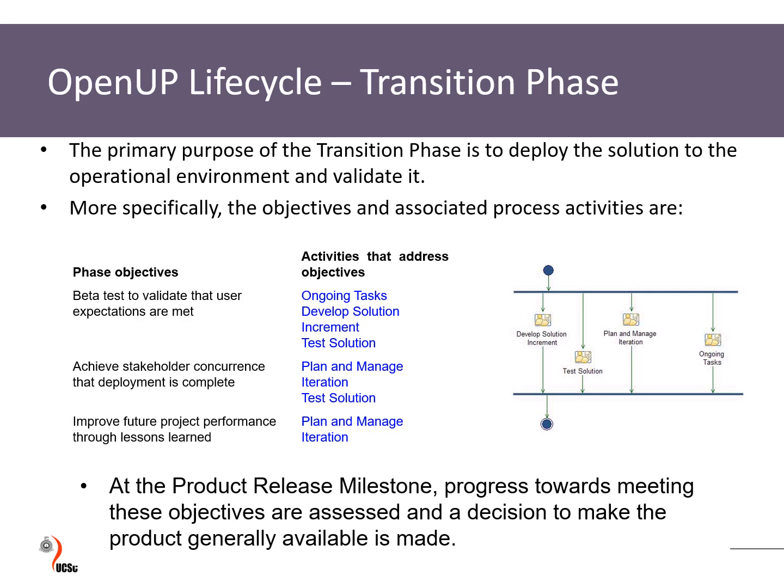Achieve stakeholder concurrence that deployment is complete, plan and manage the iteration, and improve future project performance through lessons learned. The project completion happens there, which is very important, before they move into the maintenance level.